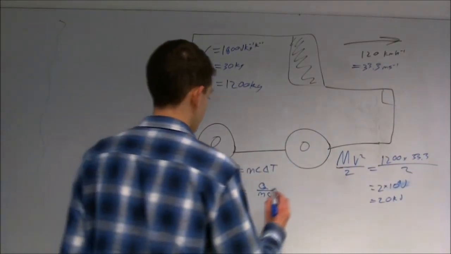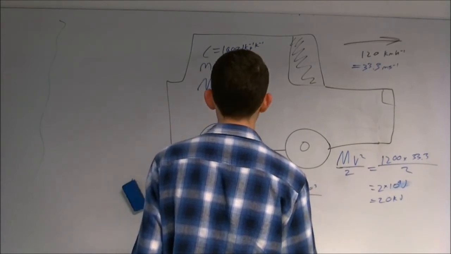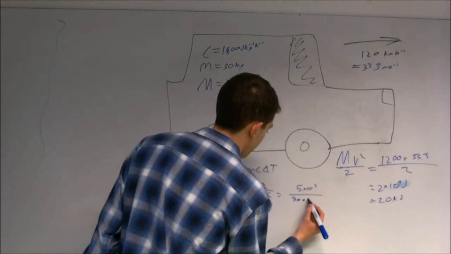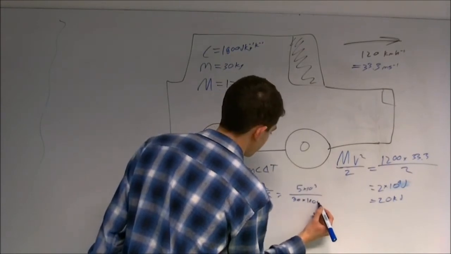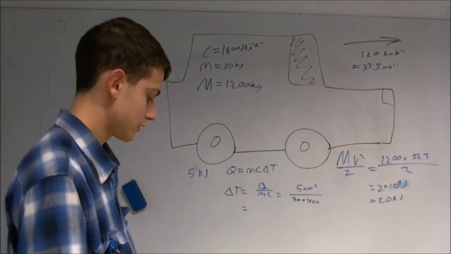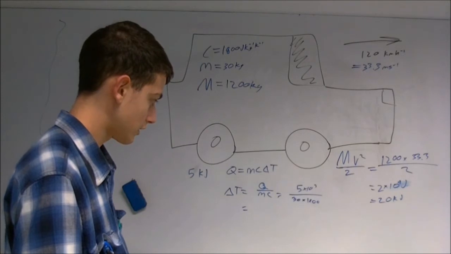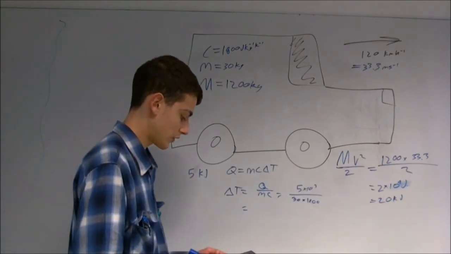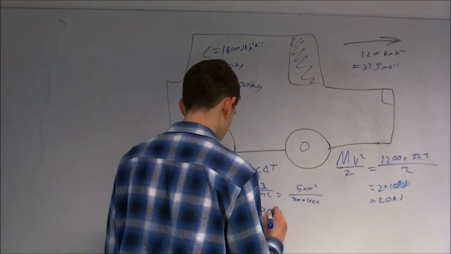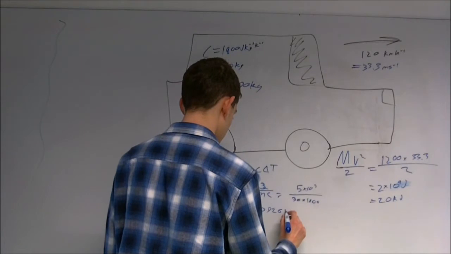So here we know it's 5 times 10 to the 3 divided by 30 times 1800, that is 5,000 divided by 30 times 1800, 5 over 54, 0.0926 Kelvin.